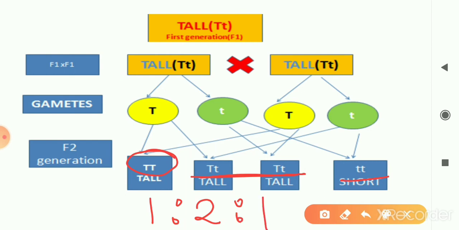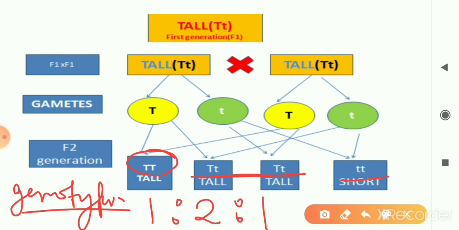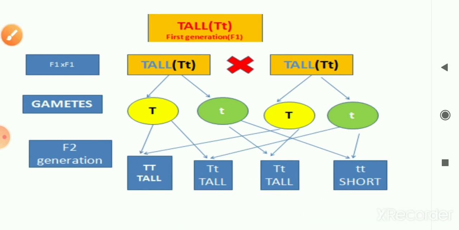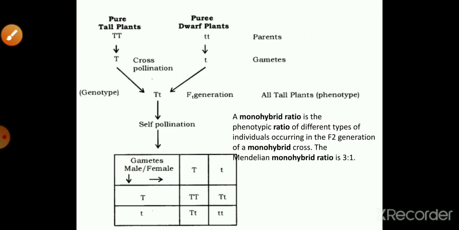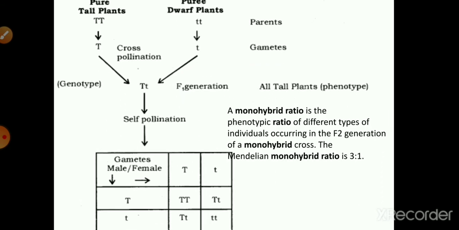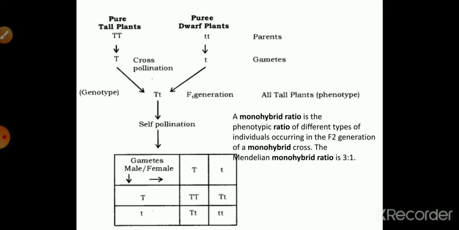So this 1:2:1 ratio is a genotypic ratio, on the basis of the genetic makeup of the individual. So the genotypic monohybrid ratio is 1:2:1.